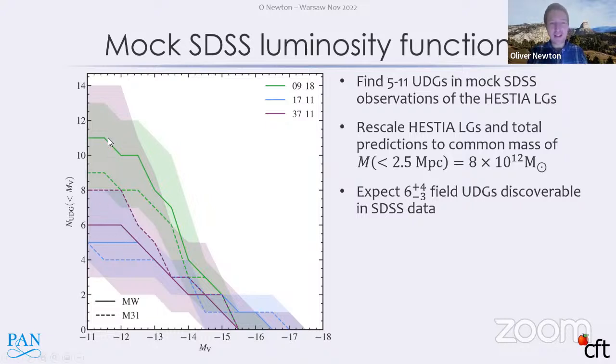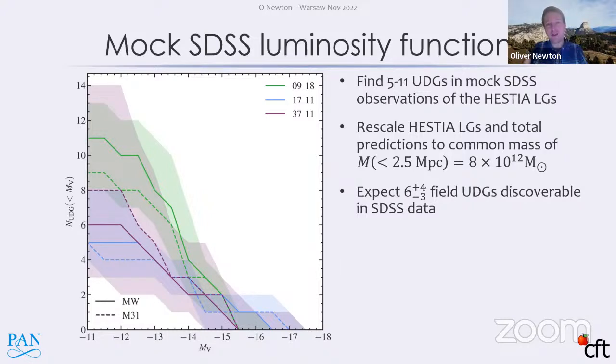So there's some scatter here, part of which is due to differences in the masses of the three local groups. So 3711, for example, has a mass of about 0.7 times 10 to the 13 solar masses within the volume, I think, whereas 918 has 1.2 or 1.3 times 10 to the 13.